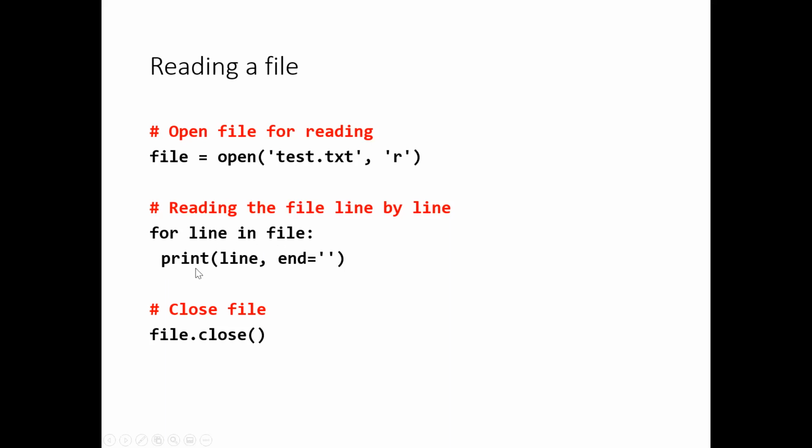Here we will use print line, and then it goes by line. Since the line already has a new line character, we make sure that we remove this. Again, I will show you why we need this. And then finally you close.